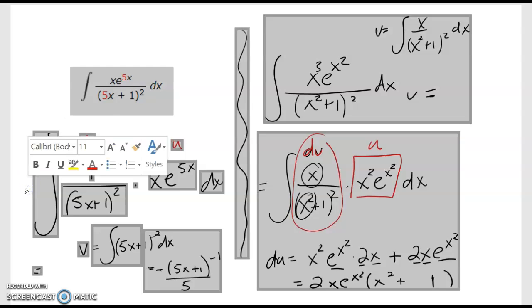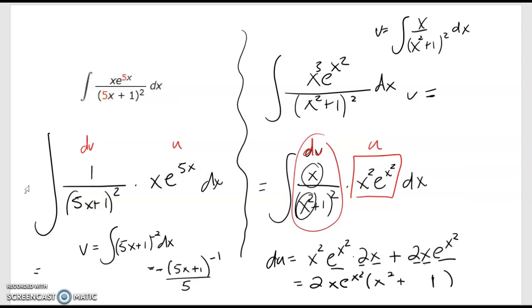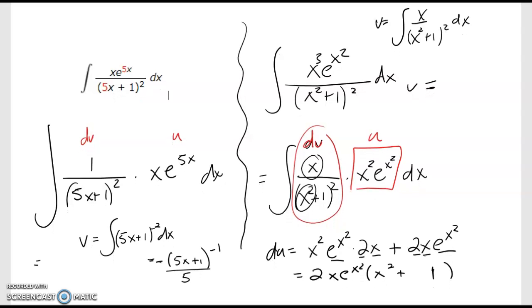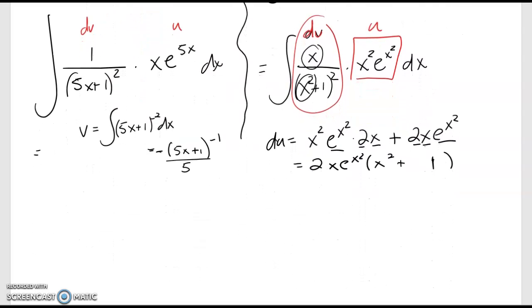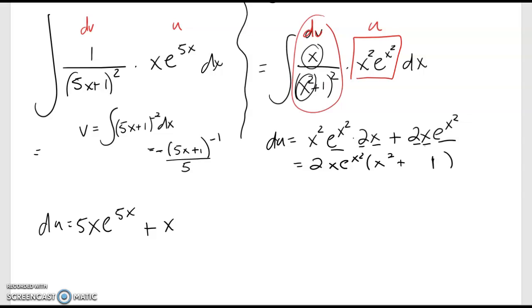Okay. So I got u and dv, and du shouldn't be bad. So let's see. du will require the product rule. It would be x e to the 5x times 5 plus, leave x alone.